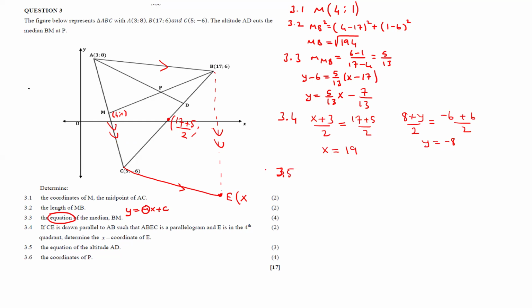The altitude AD cuts the median BM at P. Altitude means the height of the triangle that will be perpendicular to side BC. So what is the gradient of side BC?